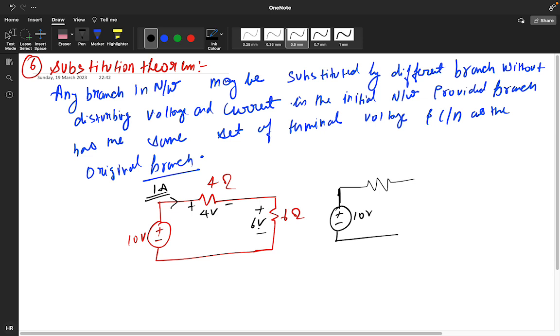We are not disturbing the voltage and current of the original branch. We can keep this 4 ohm as it is, and 1 ampere current will flow. Instead of 6 ohm, we can make this a 6 volt source, which has a current of 1 ampere.